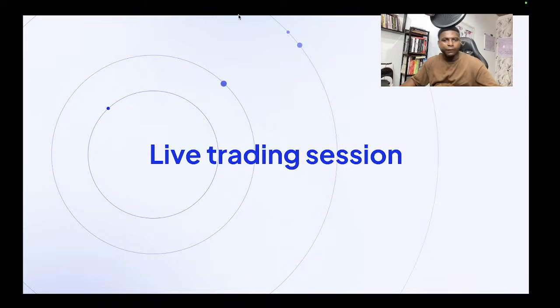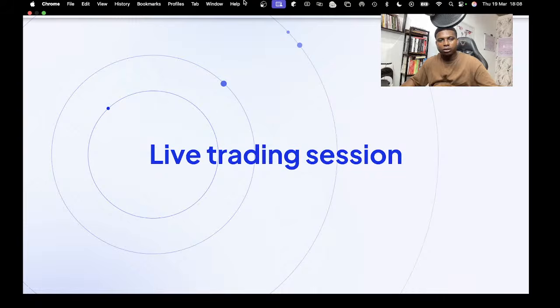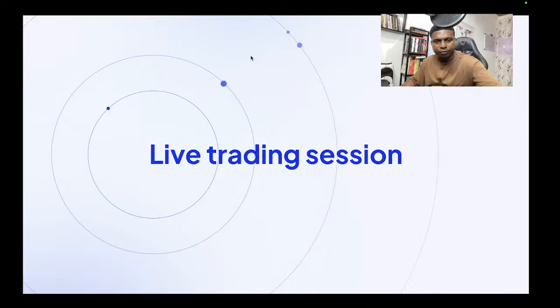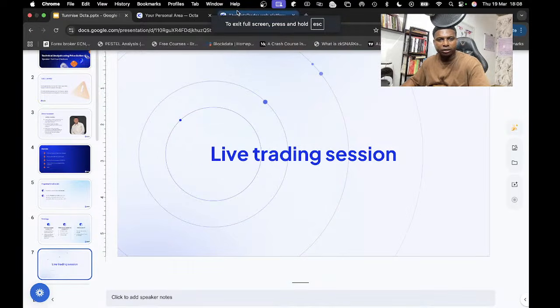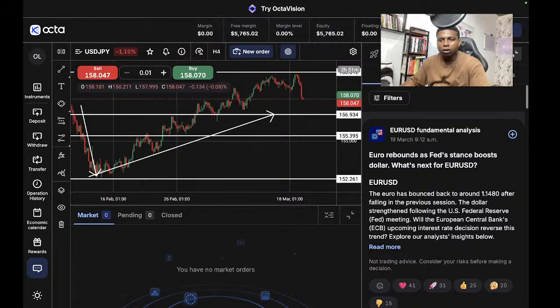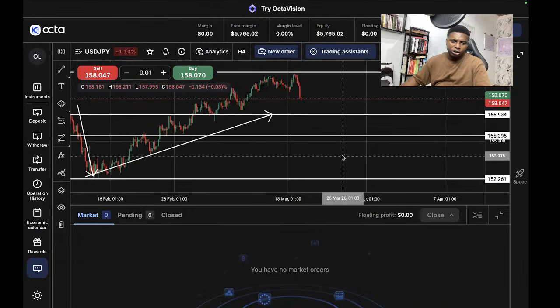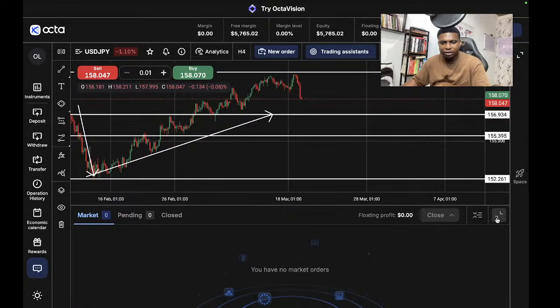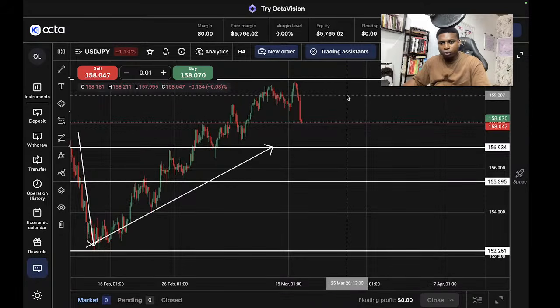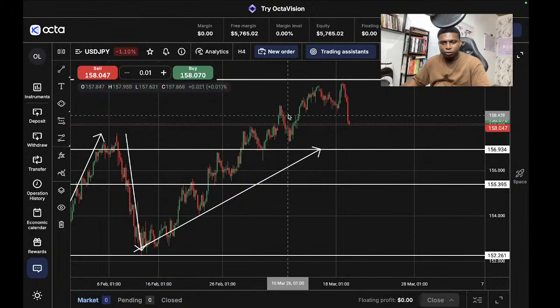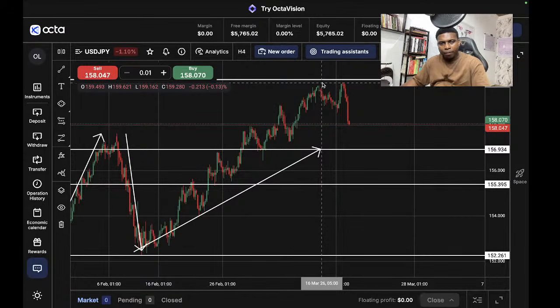Now, let's have a deep dive into the live trading session. All right, so here we are in a live trading session. If you joined us in our last session, some few weeks back, you remember that we targeted USD JPY to short from this level, and I closed this trade today.